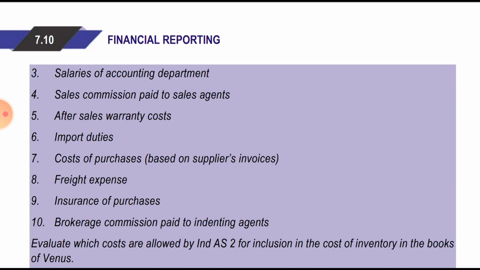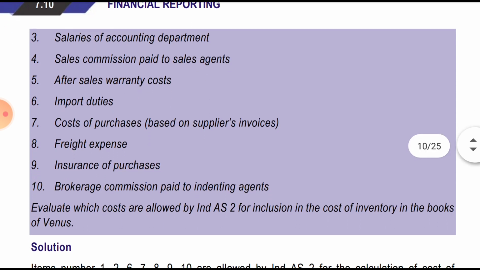Import duties will be included. Cost of purchase based on the supplier invoice will be included in the cost. Freight expenses will also be included. Insurance of purchase will be included. Brokerage commission paid to the indenting agent will be included.